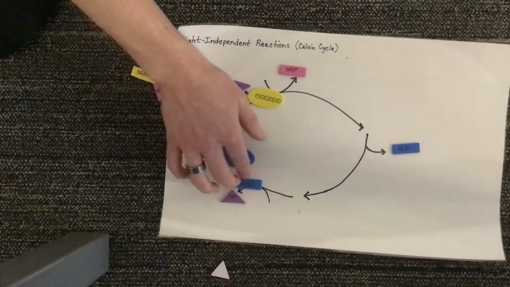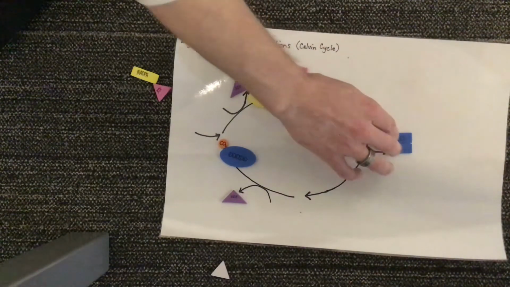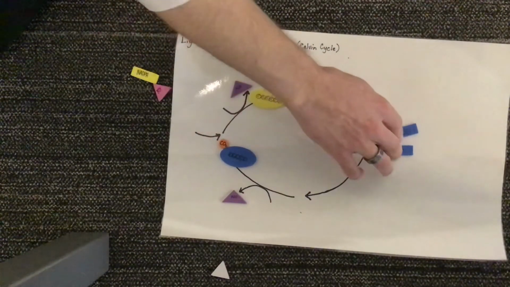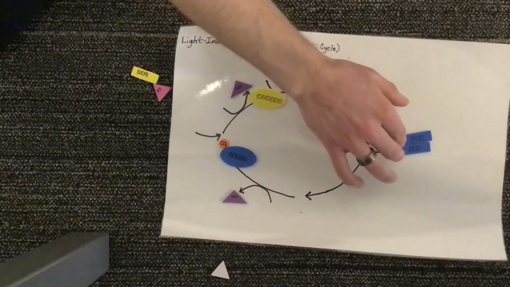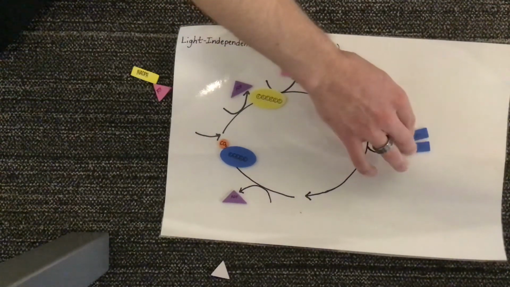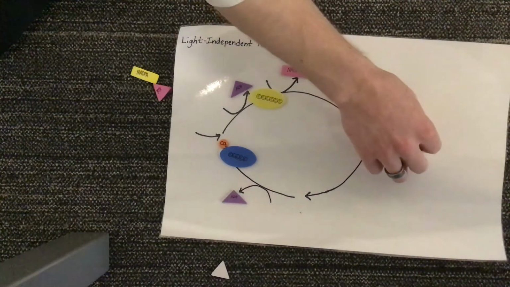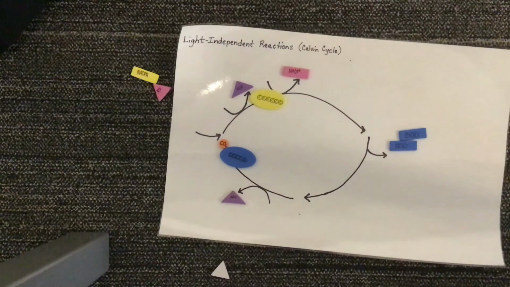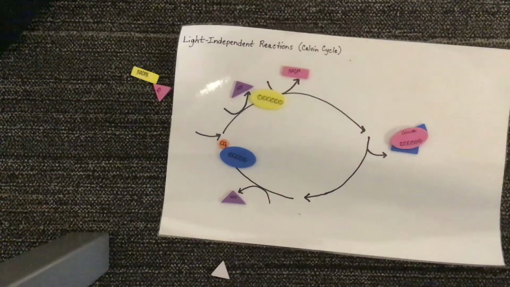Okay. Now, the thing about the second time through the cycle is that we now have 2 3-carbon molecules on the outside of the cycle. Okay. These two 3-carbon molecules are going to together form one glucose molecule.